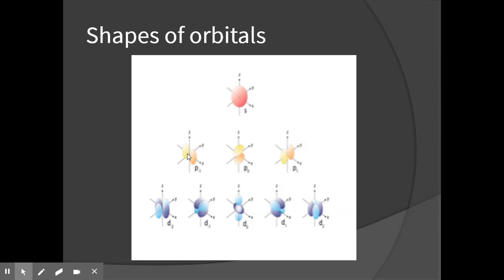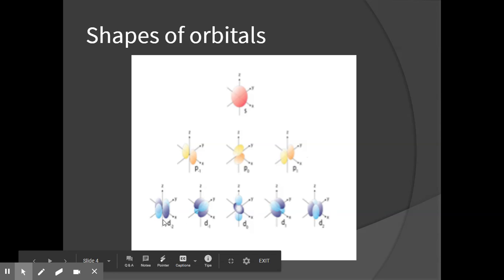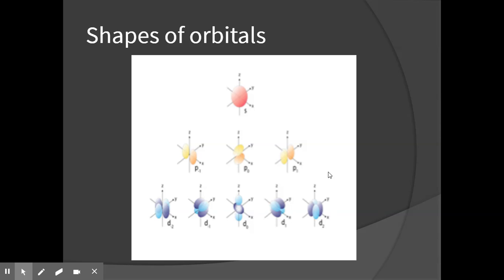Each suborbital can hold 2, so a p orbital can hold a maximum of 6 electrons. And then d orbitals, there are 5 sublevels. Each can hold 2 electrons that spin in opposite directions, so a d orbital can hold up to 10 electrons. And then the f orbital has a really weird shape, but there are 7 sublevels to f, and therefore they can hold up to 14 electrons.